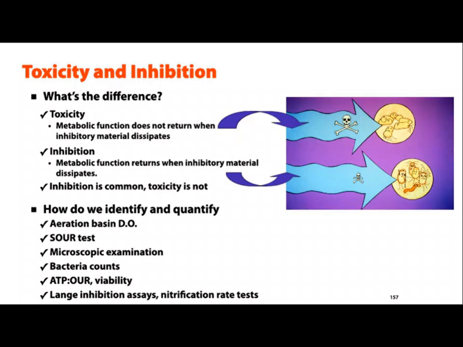If I have something that is impairing metabolic function, what would you expect your aeration basin DO to tell you from its normal? Zach is saying it's going up. You're exactly right. So take home for the day, dead bugs don't breathe, okay, right? So if they're not breathing or utilizing oxygen, we're going to be watching that DO residual.